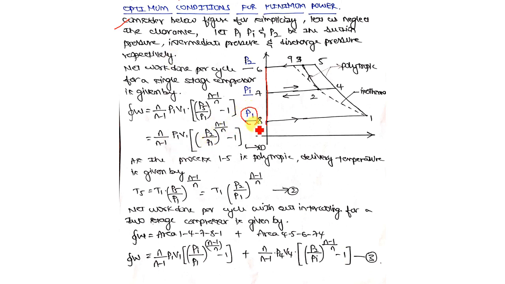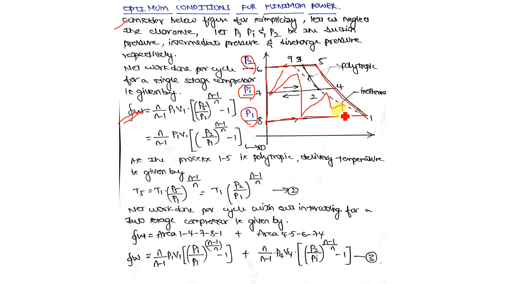Okay. Now, net work done per cycle of a single stage air compressor is given by this. If I assume that the whole multi-stage air compression is being carried out in a single stage, see, I have traced it with the red line, that indicates this whole thing is a single stage air compression process. I can apply the same work done expression which you have derived in your previous classes for this whole thing at a stretch.